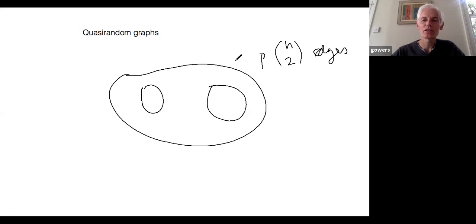What I want to say is that this graph looks like a graph where I just chose each edge with probability p independently. So if I had such a graph, how many edges would I expect between a set A here and a set B here? The number of edges I would expect is p times the size of A times the size of B.